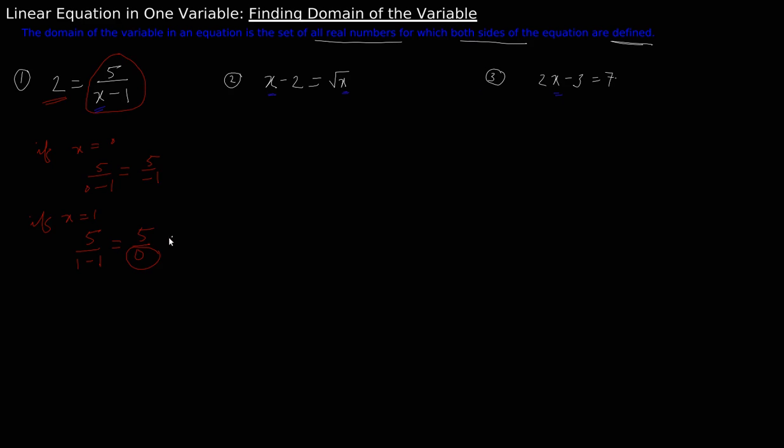That means 5 over 0 is not defined. So x cannot be equal to 1, because if x equal to 1, then my right hand side of the equation is undefined. So x equal to 1 is not in the domain. Now we can continue: what is going to happen if x equal to 2, and x equal to 3, on and on and on.